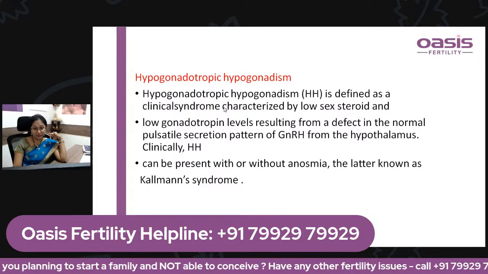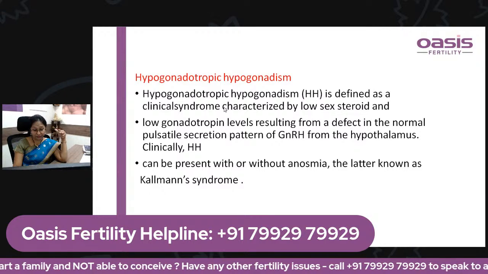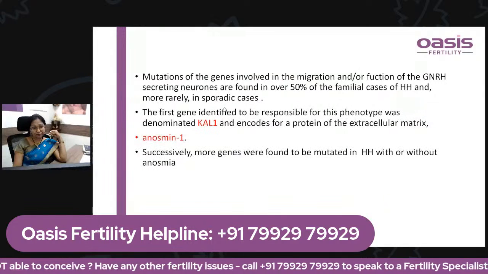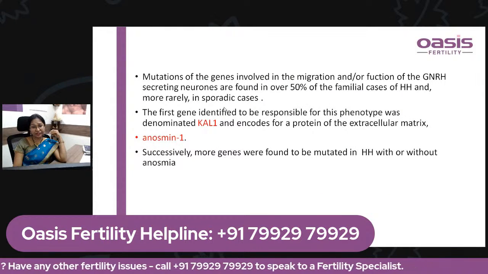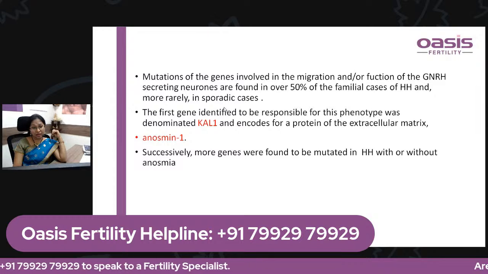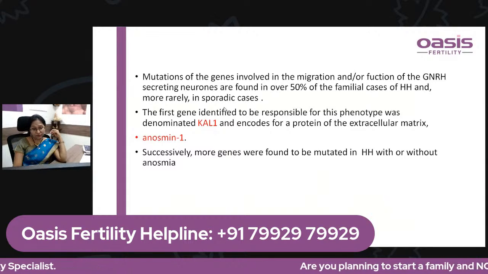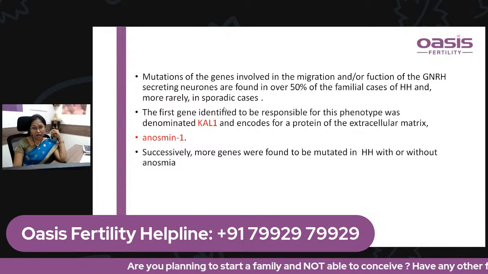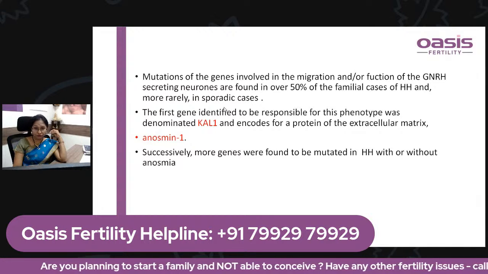The type with anosmia we call Kallmann syndrome. The first gene identified to be responsible for this phenotype was named KAL1 and encodes a protein of the extracellular matrix, anosmin-1. Subsequently, more genes were found to be mutated in hypogonadotropic hypogonadism with or without anosmia.